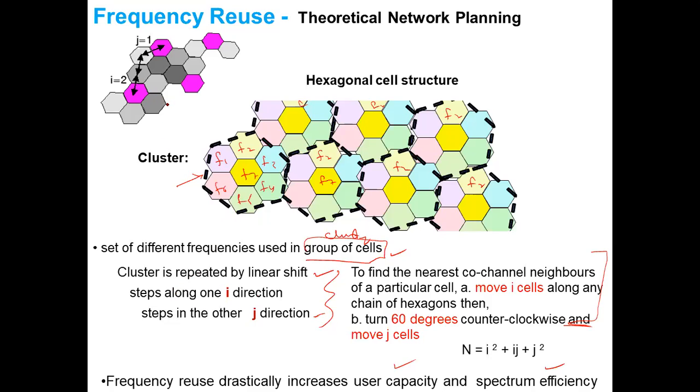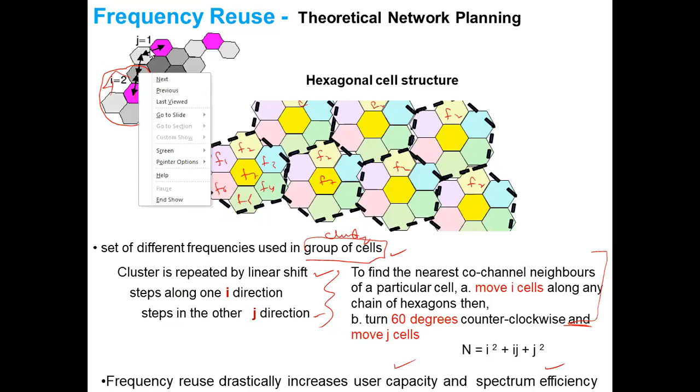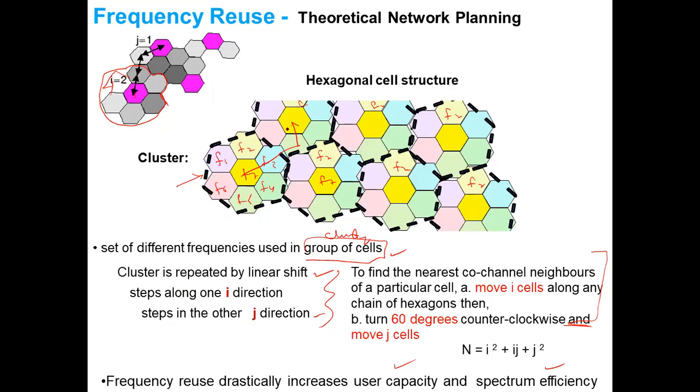Suppose this is one cluster, one cell is not drawn here. Move in the I direction, and then steps in the J direction like this. Here also like this.